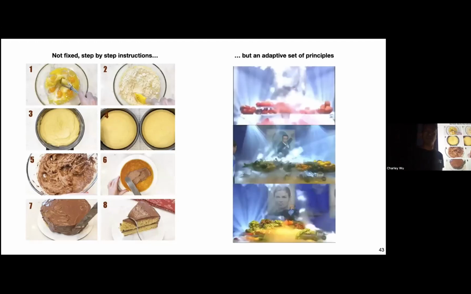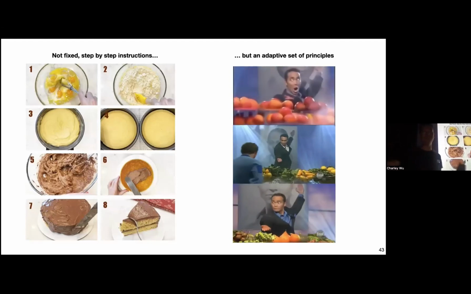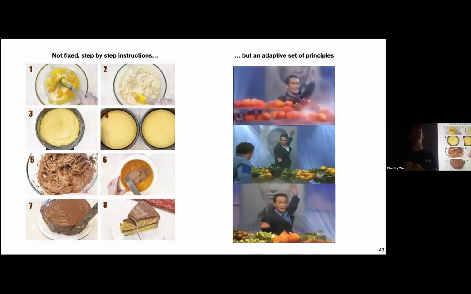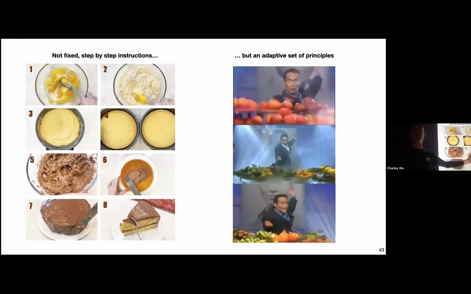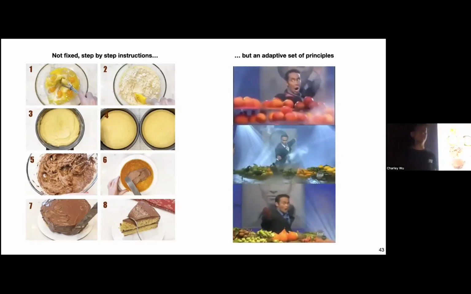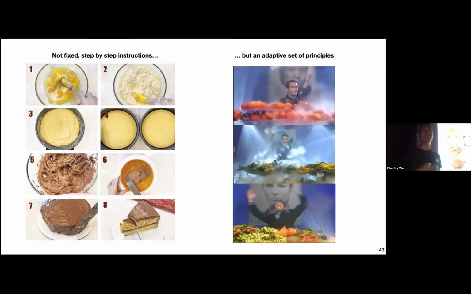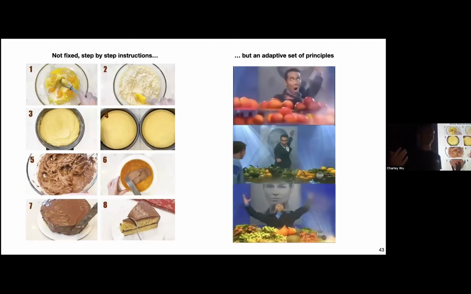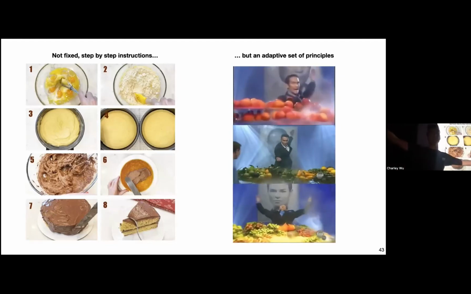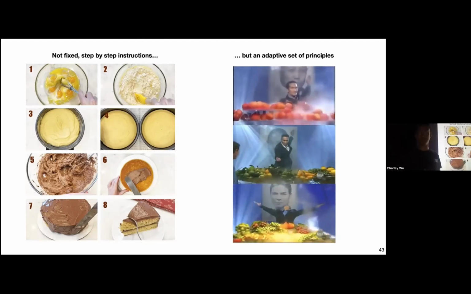There's this great show, Iron Chef, that some of you are familiar with, where these chefs have to cook a fantastic meal in 1 hour based on some secret ingredient that's revealed to them very dramatically, being apples or squash or pumpkins. And that's essentially the situation that we find ourselves in in our own research, right? There are going to be specific details and circumstances for our own tasks that are going to be dramatically revealed to us. And so we can't just follow a step-by-step instruction, but rather we have to adapt the principles.